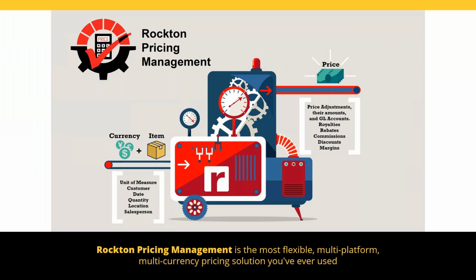But in addition to the price, we also pass back to the accounting system all these things called price adjustments, which include your royalties, rebates, commissions, all your discounts, different margins, and different pieces of information that you want to track. We pass that back and can post that information to the general ledger if need be. It doesn't have to, but it can. So you get a rich amount of information back when you're pricing something, so that you can slice and dice and report on all of the information that's changing based on the price in your system.